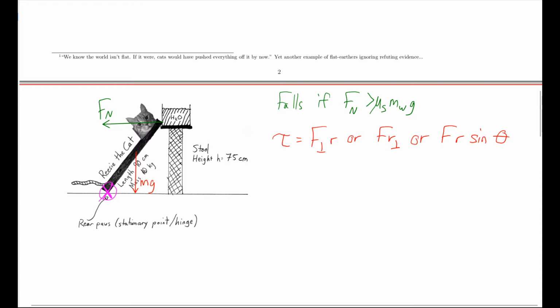And just to demonstrate that approach, I'm going to use it here. To do that, we're going to need to know angles between the radius vector and all of the forces. So the radius vector is this one, along Ricci's body. I'll draw it in bright green here.